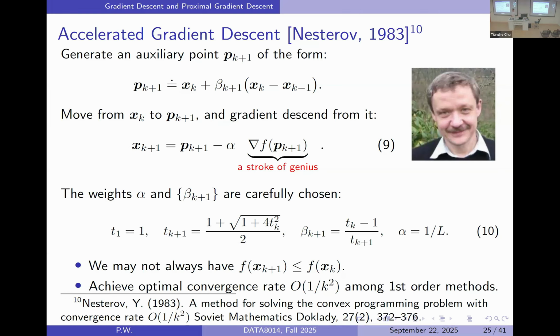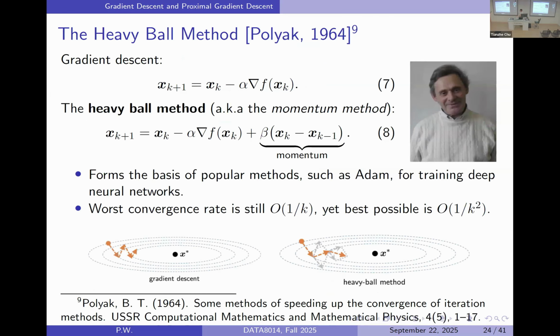Yeah. Go ahead. I can understand that if we add the momentum term, it makes the optimization faster, but how could we theoretically prove the convergence rate is better? Yeah, good. You mean, how we theoretically show this kind of speedup over gradient descent, right?